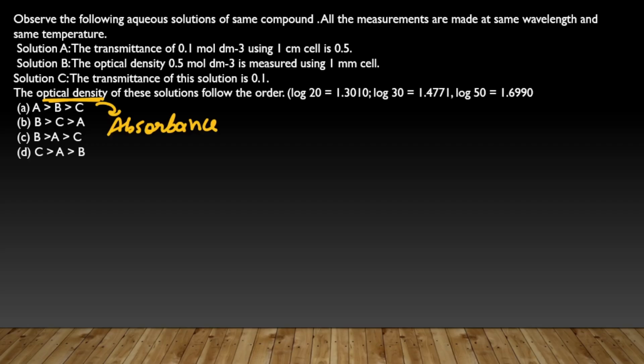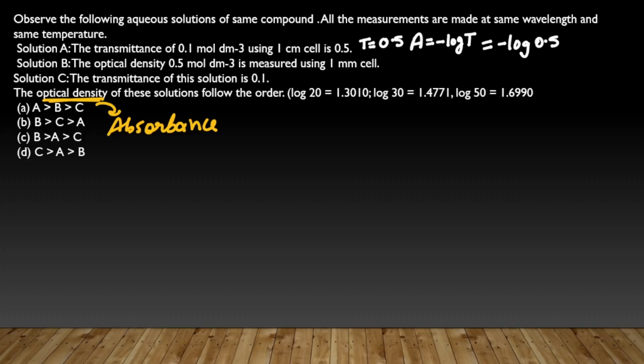So for the first solution, we have been given the transmittance of 0.1 mole per decimeter cube using the 1 centimeter length. It is 0.5. So here the transmittance value is given to us as 0.5. We know that absorbance is equal to the negative log of this transmittance value, that is negative log of 0.5.